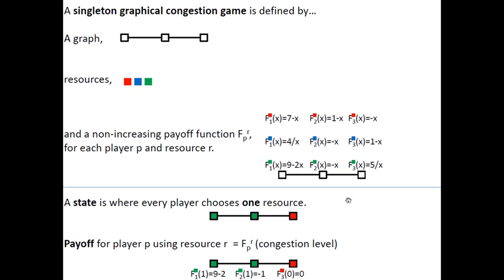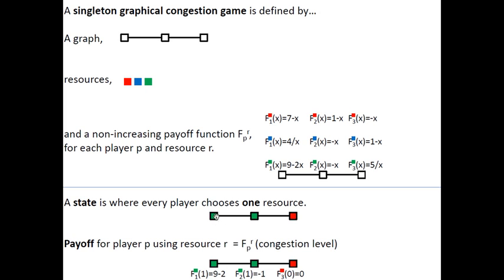So here's an example of a state where we have player 1 and player 2 using the green resource and player 3 using the red resource. So let's compute the different payoffs that these different players get in this particular state. Well, player 1 is using the green resource, so they're going to get a payoff of F1 of green of their congestion level.